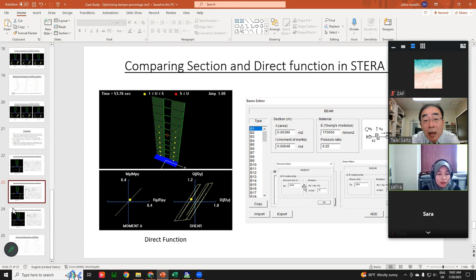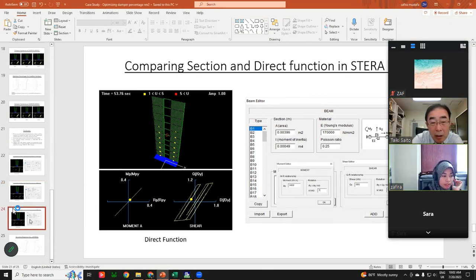So MY should be elastic, and QR we set the same as the Adder's damper, which is 690 kilonewton. And here the ductility is 1.8.